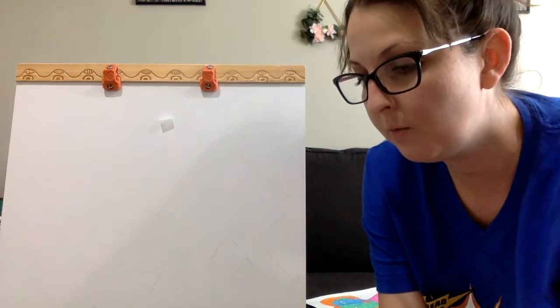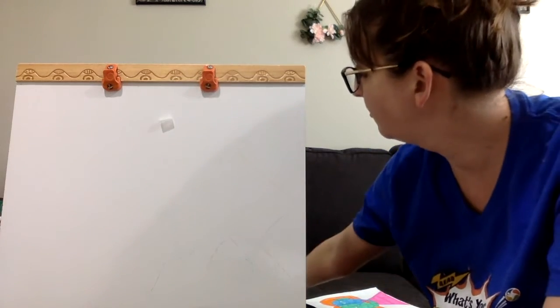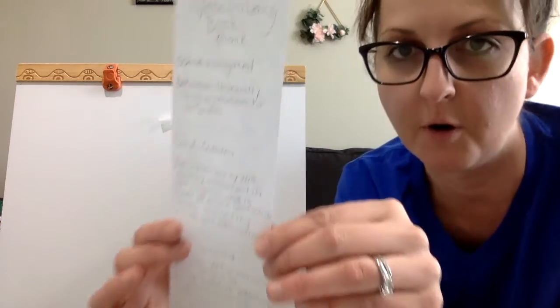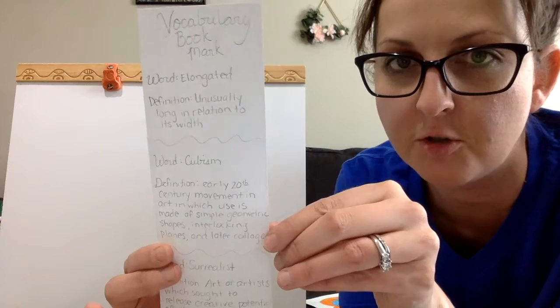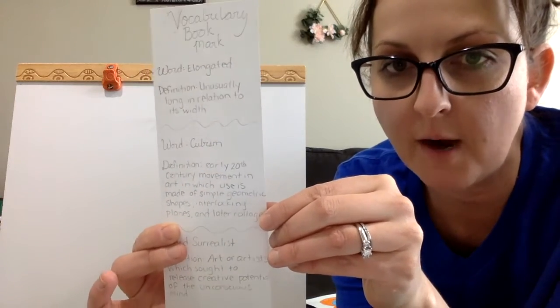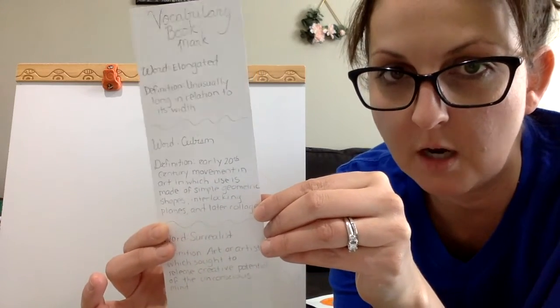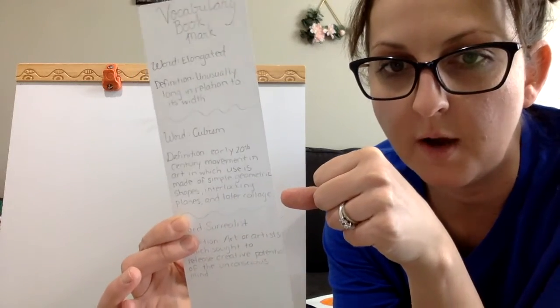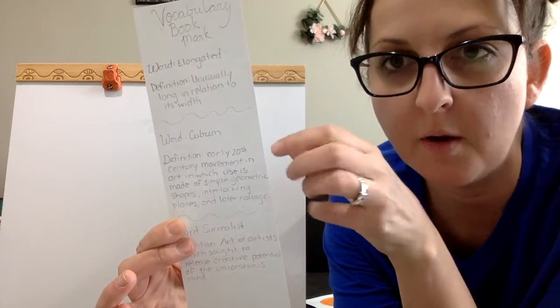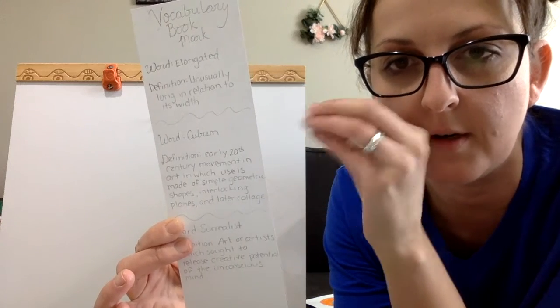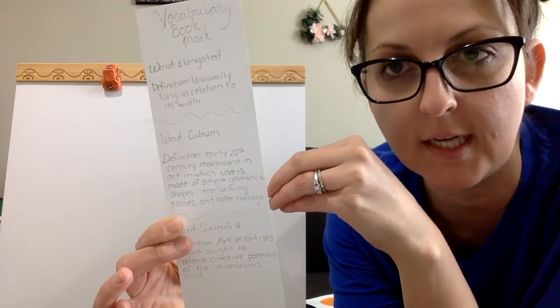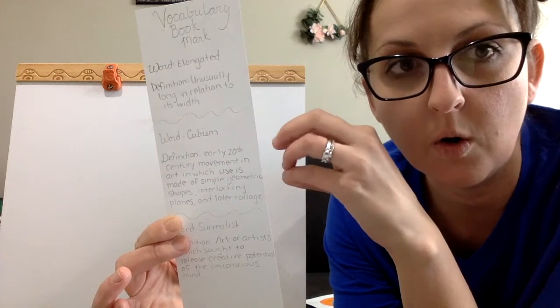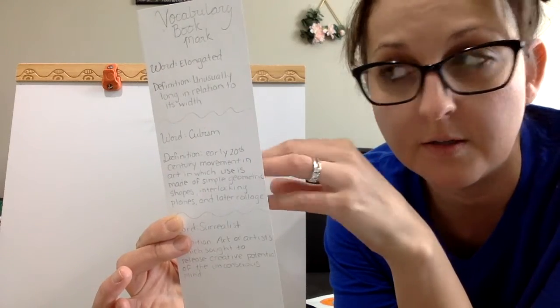Today we are going to do vocabulary in this cool form, which is bookmark form. All you need to do is cut a thin strip of paper, and you can write the words and the definitions on this thin strip of paper and use it as a bookmark. This is also really cool when you are studying a novel or a reading with your kiddos.